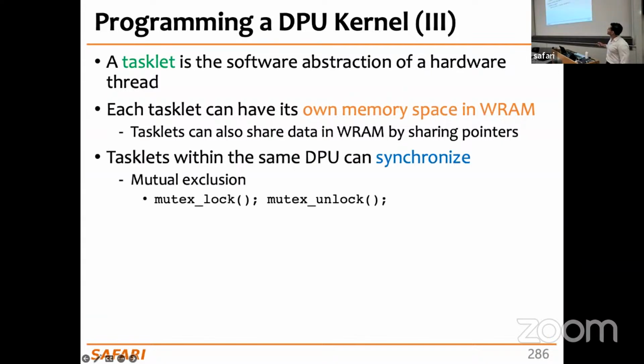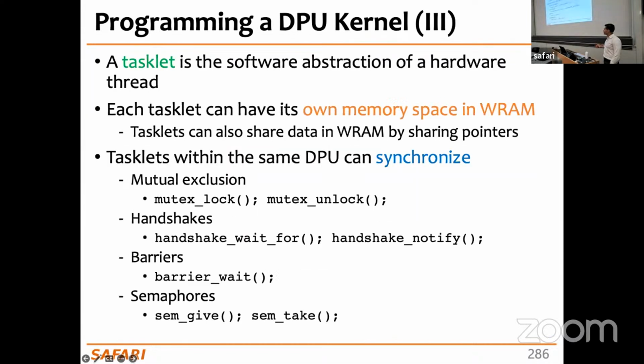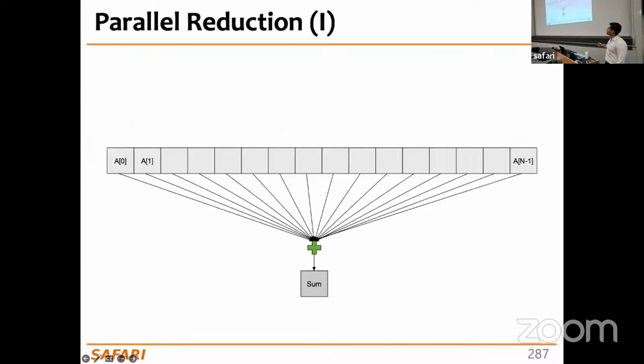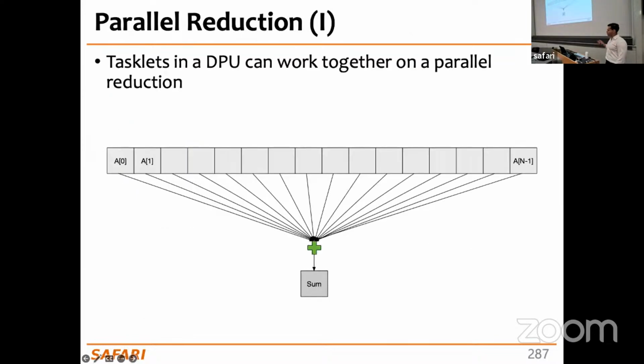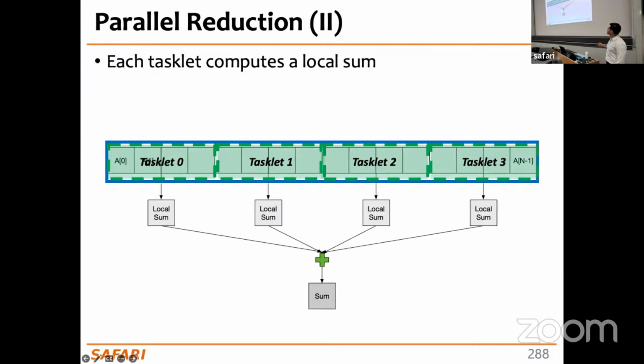Also, you can synchronize the different tasklets using some synchronization routines that the SDK provides, and those are mutexes, handshakes, barriers, and semaphores. You need to use those synchronization primitives if you are implementing something like a parallel reduction, where tasklets are going to work together on a parallel reduction operation. How do you do that? You divide the data among the different tasklets.